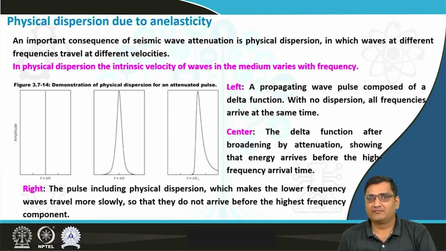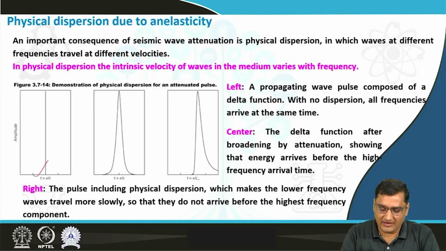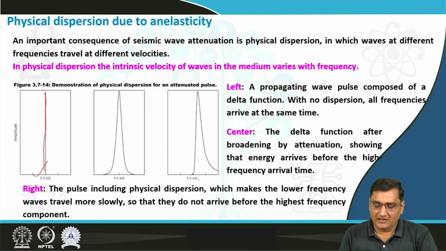So in physical dispersion, the intrinsic velocity of waves in the medium varies with frequency. And if you look at these diagrams, in the ideal case where there is no dispersion, all frequencies are going to arrive at the same time. But if you introduce some dispersion, then the pulse will broaden out like this.